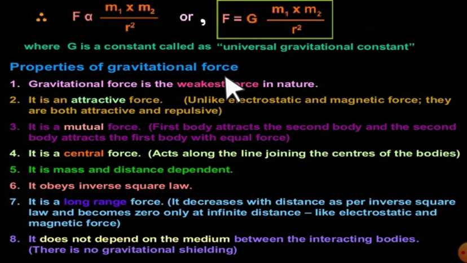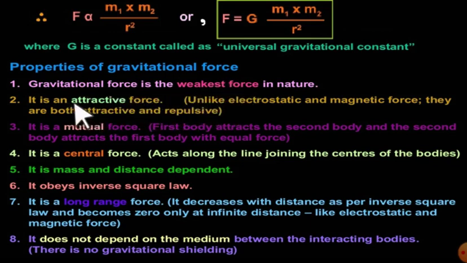The third is nuclear weak force, and the fourth is the strong nuclear force, which we also call the Yukawa force. Out of these four types in nature, the gravitational force is the weakest force.